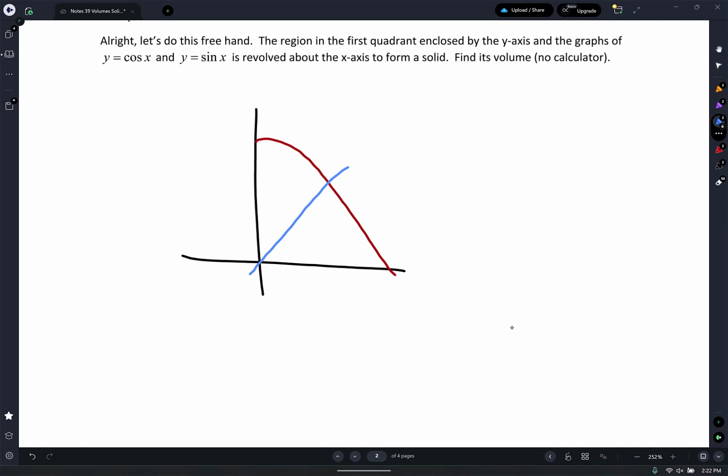Cool or not cool? And I'm rotating this about what axis? The x. So I'm going to put a little whirly thingy right there, my spindle. So it's going to look like, point here, and then let me stretch this guy.